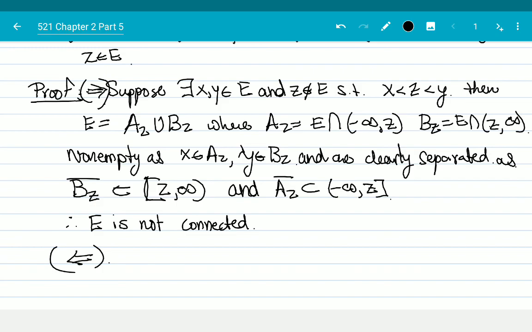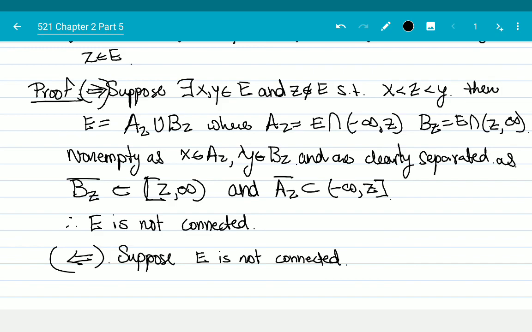Which way are we doing this? So now suppose, right, so yes, this is the correct way. Suppose E is not connected.